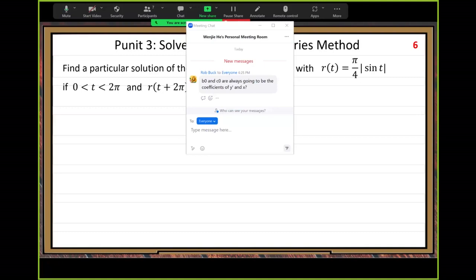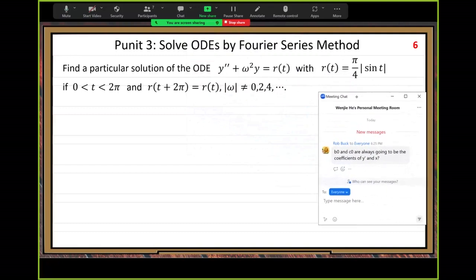That's slightly different, and you need to be aware of that difference. Although the length is 2 pi, our homework is symmetric about the y-axis. This one is not symmetric about the y-axis. That's the main difference.